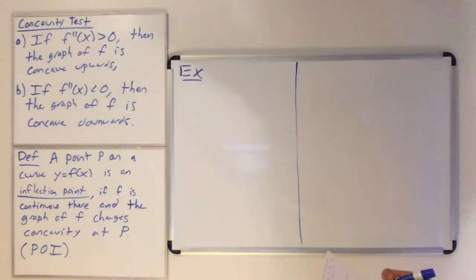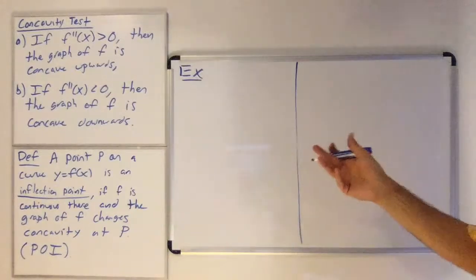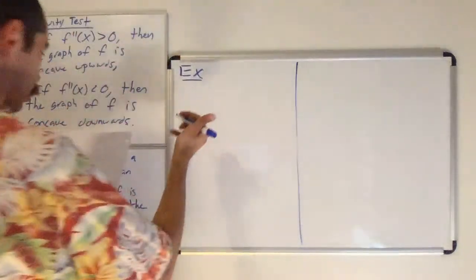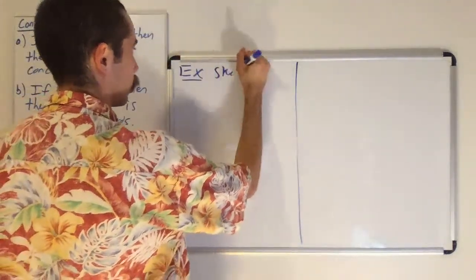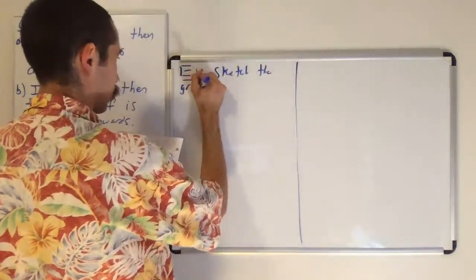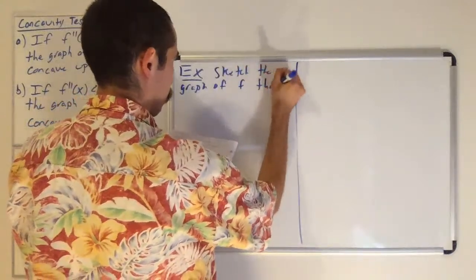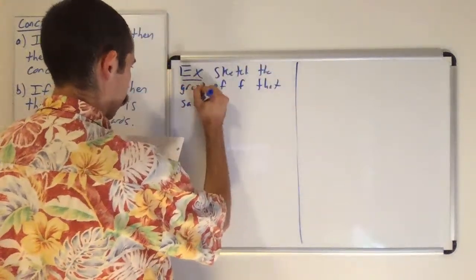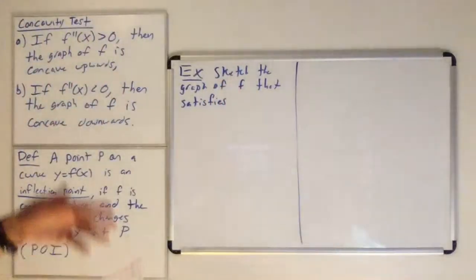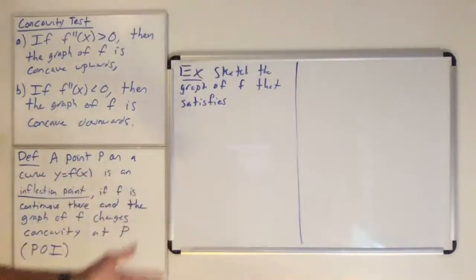Okay, so the example is going to be: sketch a graph that satisfies a bunch of conditions. It's going to satisfy some conditions about the function, the derivative, and the second derivative.